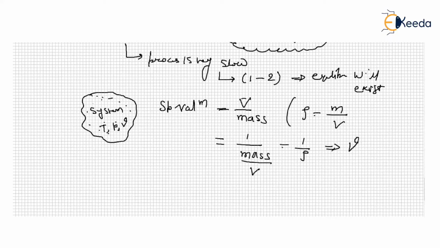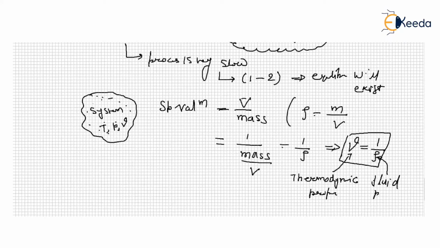Specific volume is a thermodynamic property and density is a fluid property. In fluid mechanics, we frequently use density, but in thermodynamics, instead of density, we use specific volume. So there is no potential within the system. That means within the system there is no transfer.